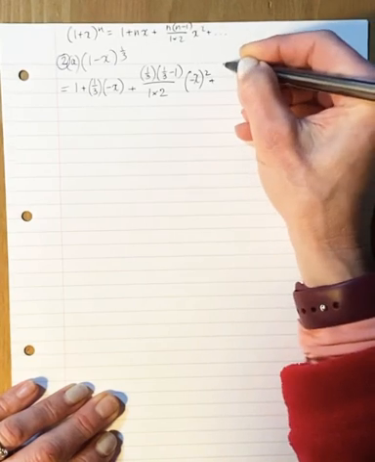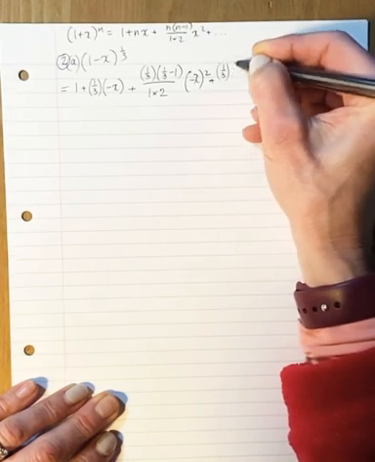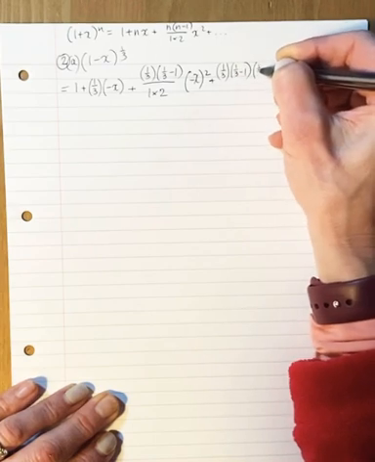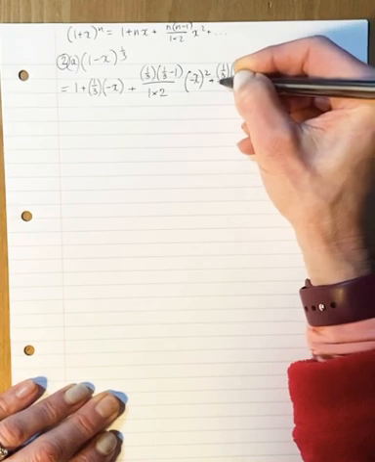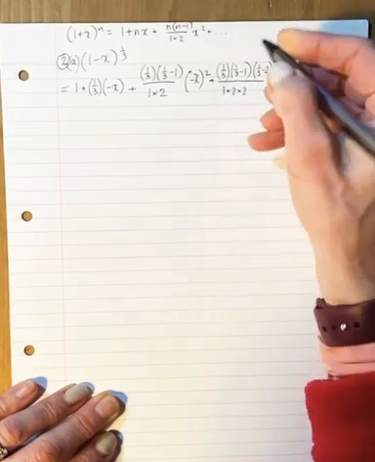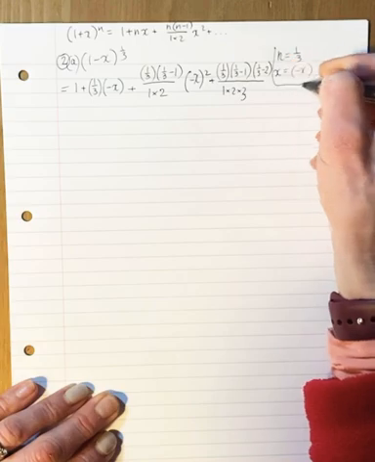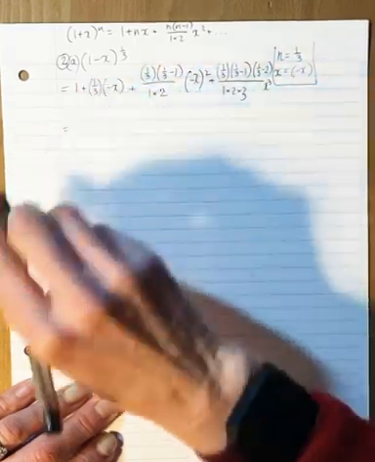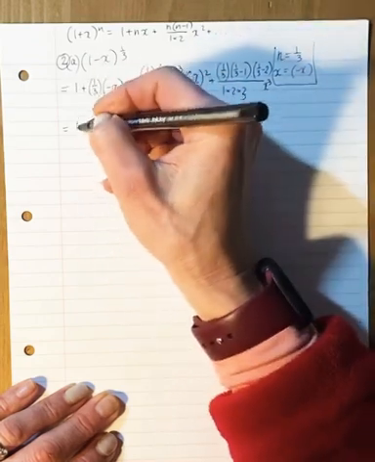Then one more, 1/3 minus 1, and 1/3 minus 2 over 3 factorial, so 1 times 2 times 3, and x cubed.